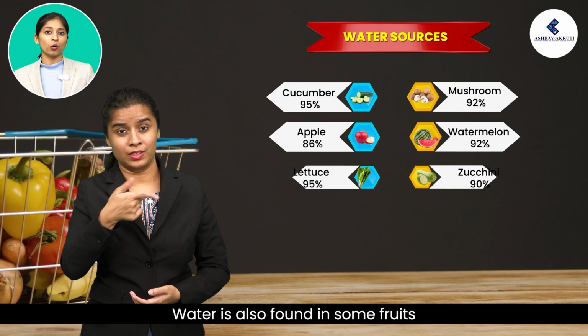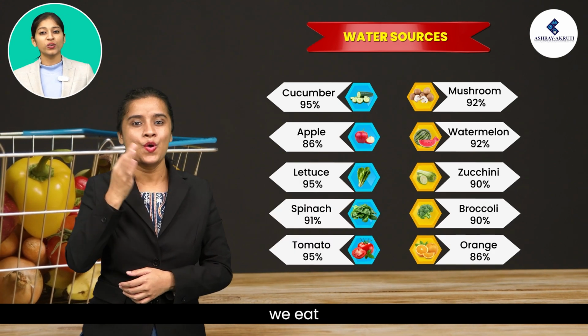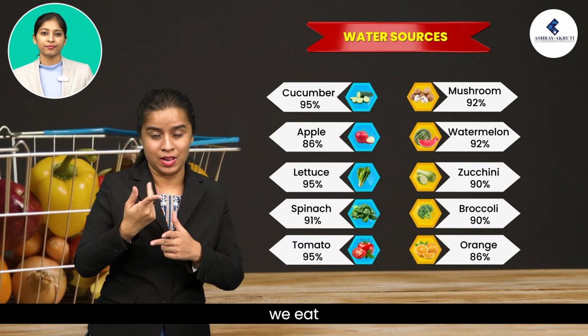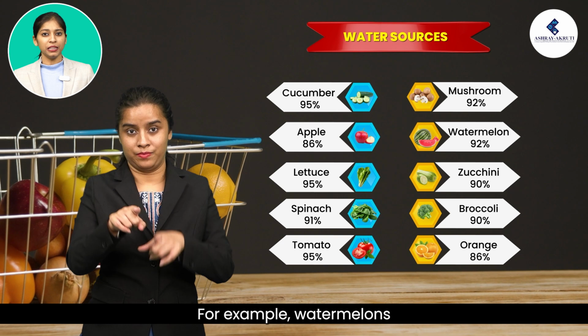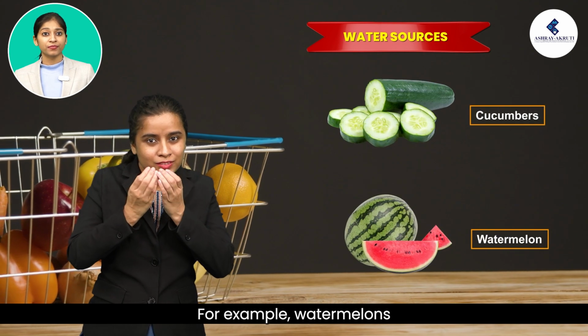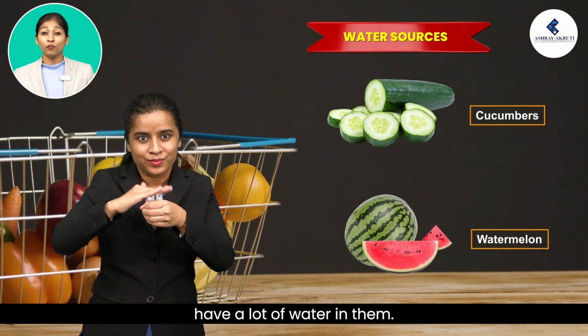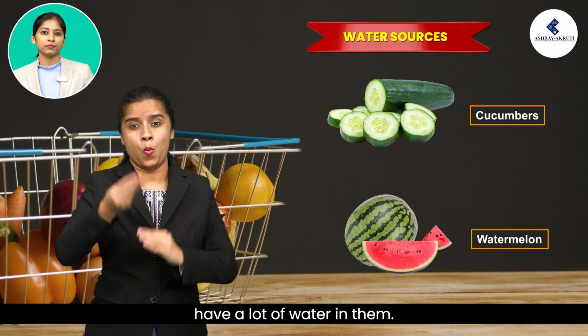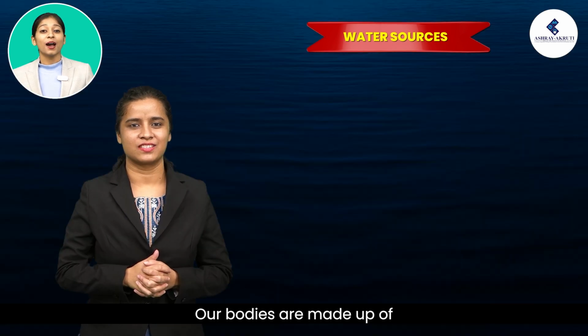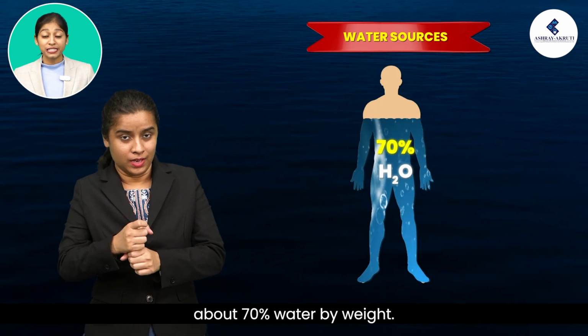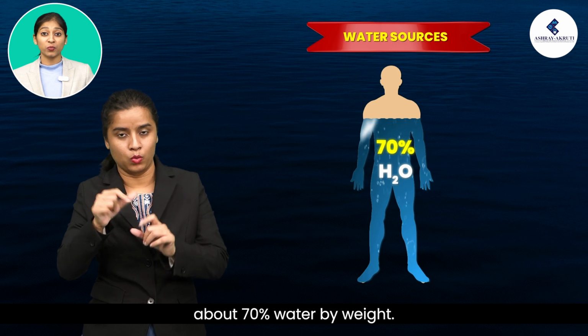Water is also found in some fruits and vegetables we eat. For example, watermelons and cucumbers have a lot of water in them. Our bodies are made up of about 70% water by weight.